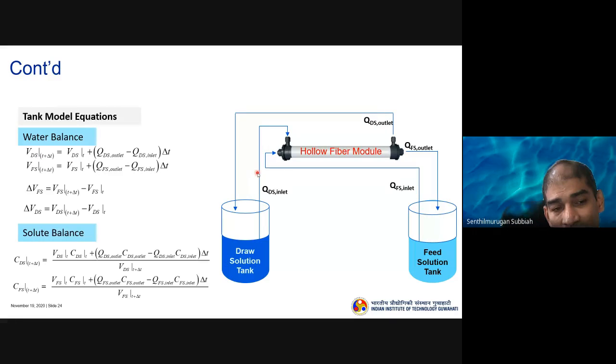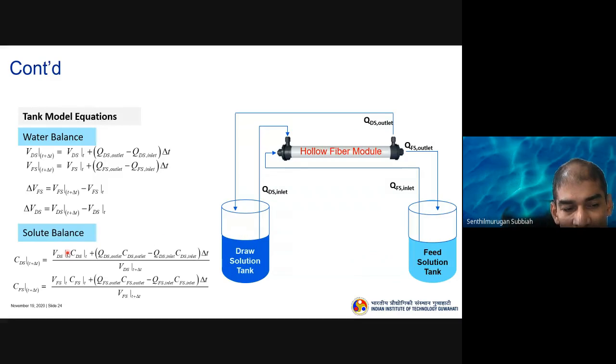So you have time t and then the next time, which is equal to the accumulation of the solute, equal to the net change in the flow rate, inlet minus outlet. And then similarly for a feed also, we do a tank mass balance, and then we will get the overall balance, which is delta V. So how much volume is changing for a given interval.